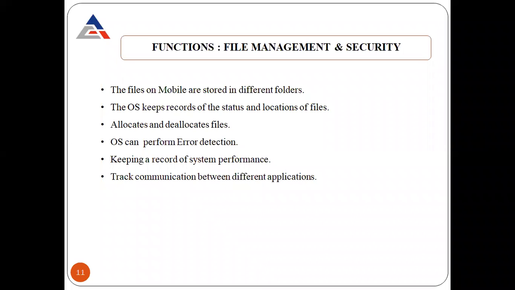The operating system can perform error detection. To check, for example, if the file has authorization to read only, and anyone wants to perform some write operation on it, that is an error, and the OS has to give the message that you are not authorized to write or update anything. You can only read.